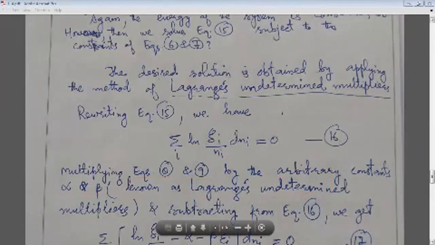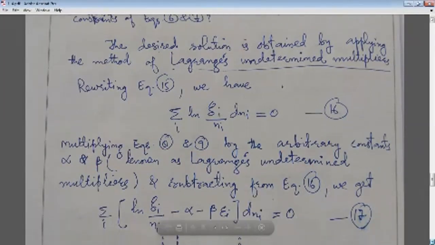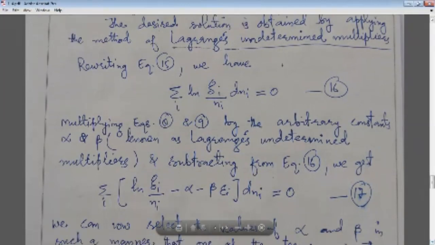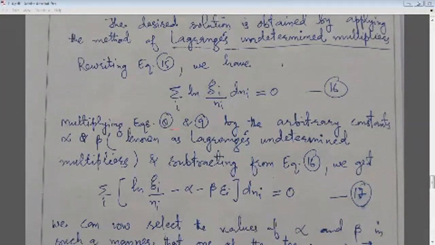So we will get, overall, this type of equation. Simply, what you have to do is multiply equations 8 and 9 by arbitrary constants alpha and beta, and then subtract from this equation. You will get summation over i of ln of gi by ni minus alpha minus beta ei, times dni, is equal to 0.